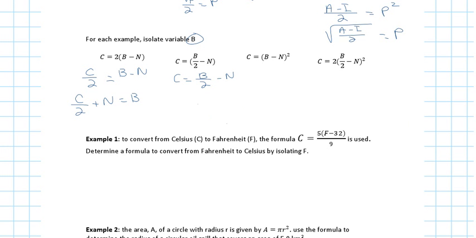So in this case, reverse BEDMAS tells me I have to bring the negative n over as a plus n. And then times 2. So you're going to have to multiply the whole side by 2. That's a plus n.